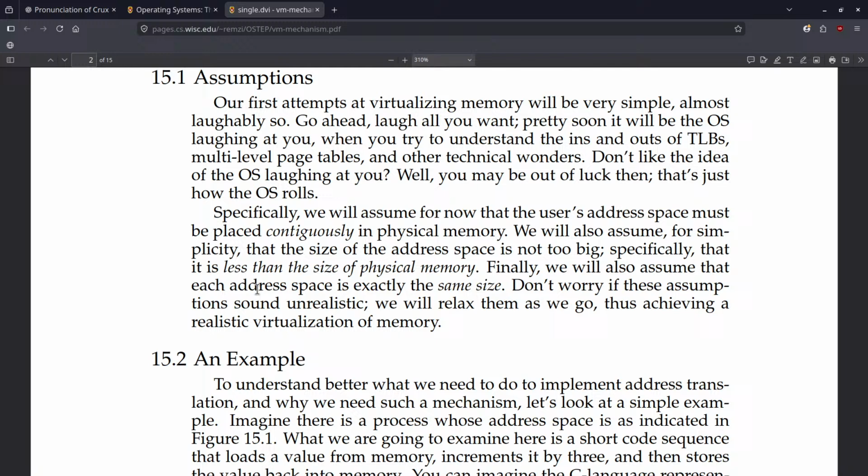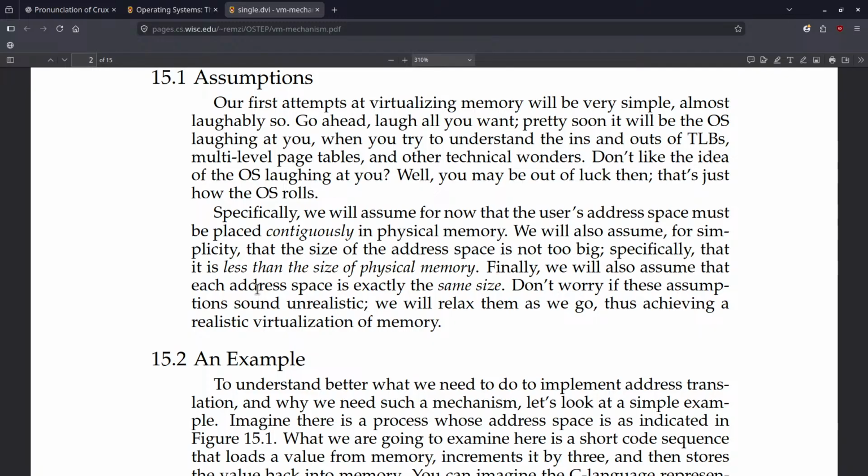Finally, we will also assume that each address space is exactly the same size. Specifically, we'll assume now that the user's address space must be placed contiguously in physical memory.